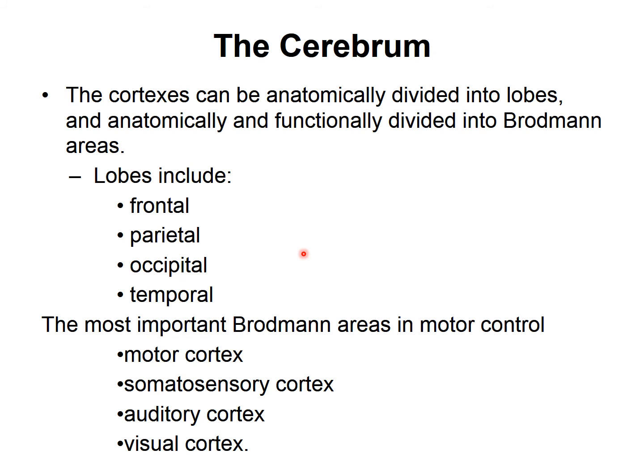They are anatomically and functionally divided also into the Brodmann areas, which we'll discuss in further detail in a little while. The lobes, if you recall, are the frontal, parietal, occipital, and temporal. The Brodmann areas include the motor cortex, somatosensory cortex, and auditory and visual cortex as well.